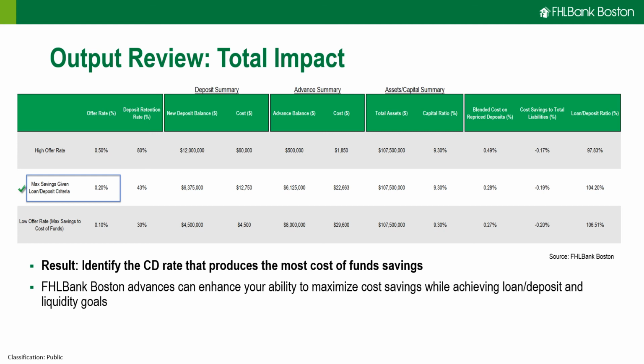If we continue to follow along the same row, you can see that with the repriced deposits and new advances, our new blended cost equals 28 basis points, which equates to a total cost of funds savings of 19 basis points while still achieving our loan to deposit and liquidity goals.